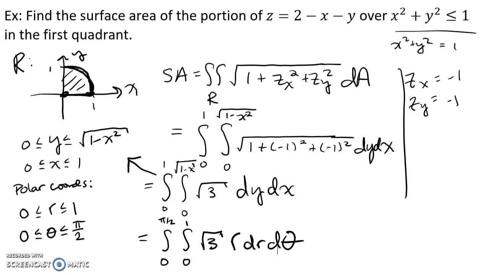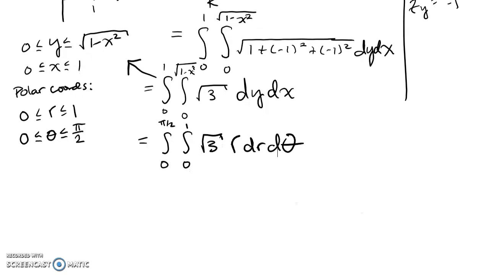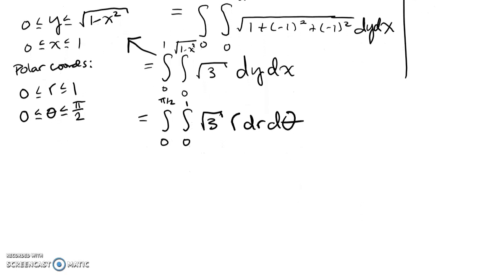All right, so now we can take a look at trying to simplify this. We're going to do our integral with respect to r. So we're going to get the integral 0 to pi over 2. It's just square root 3 r, so it's going to become square root 3 over 2 r squared, which then we can put in that 0 and 1 evaluation, and then this is still d theta.